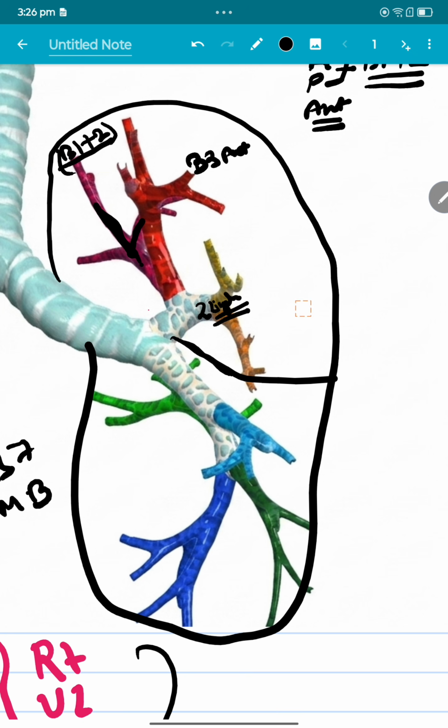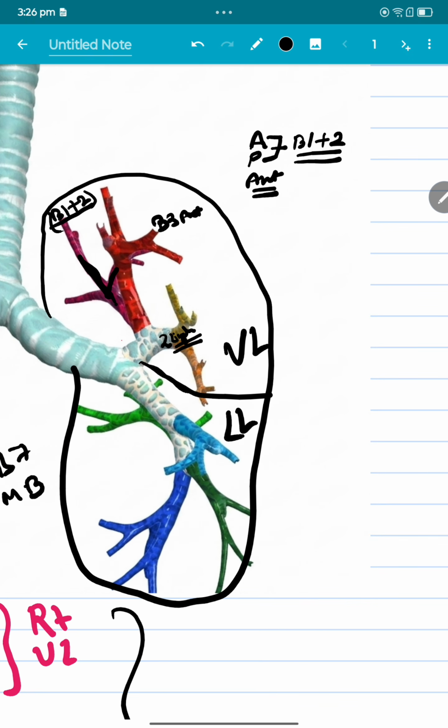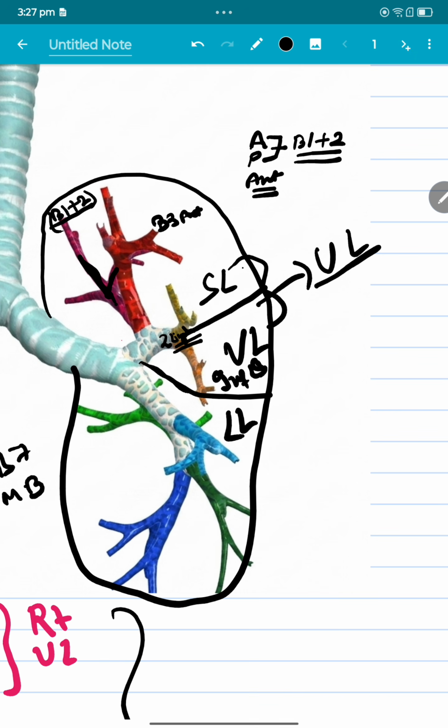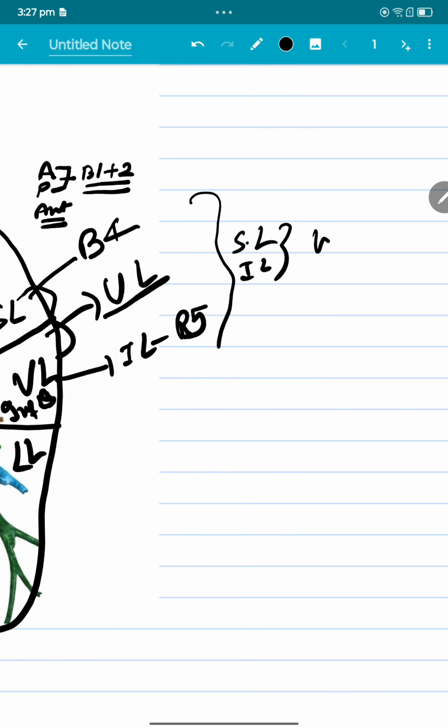So on the left side there are only two lobes, upper and lower, whereas on the right side we have upper, middle and lower lobes. B4 is the superior lingular and B5 is the inferior lingular segment. If anybody asks whether the superior and inferior lingular segments are part of the upper or lower lobe, they are part of the upper lobe.